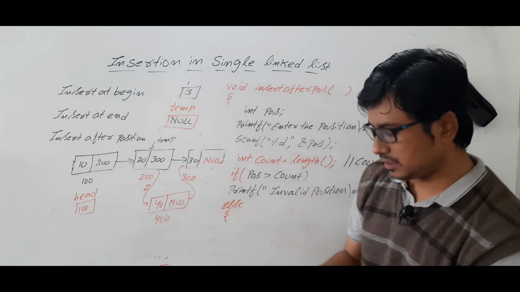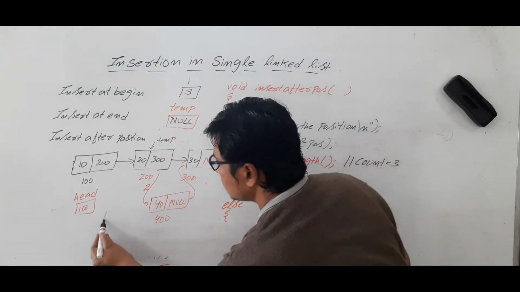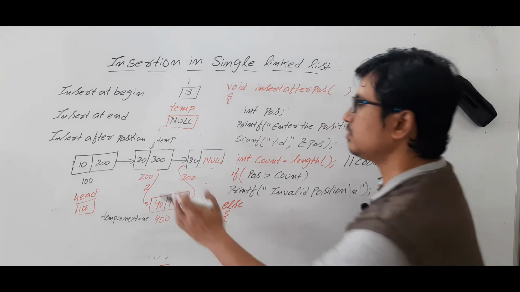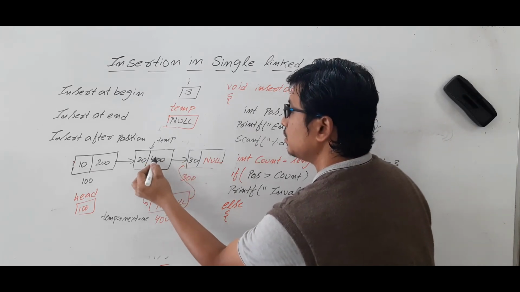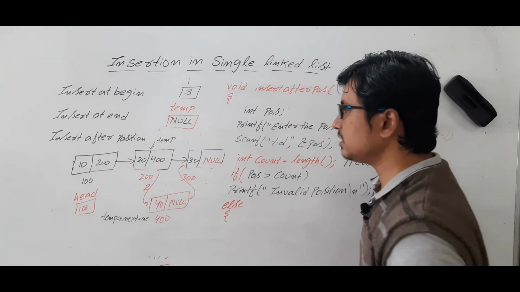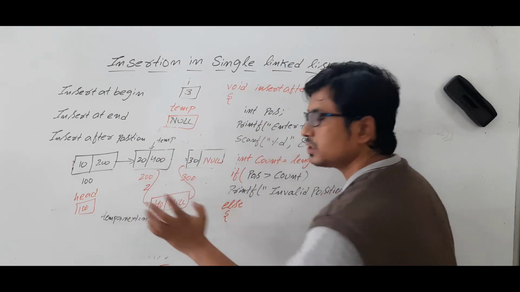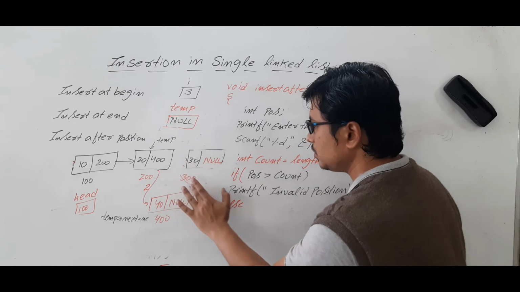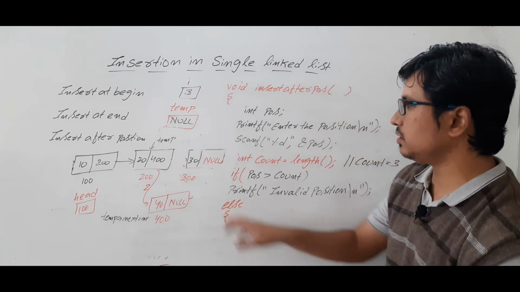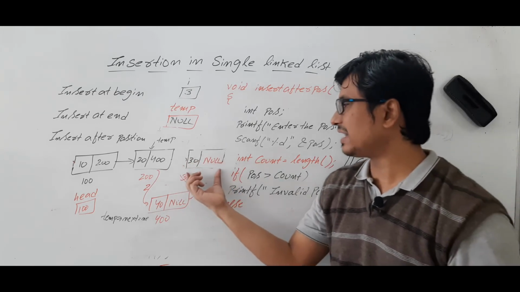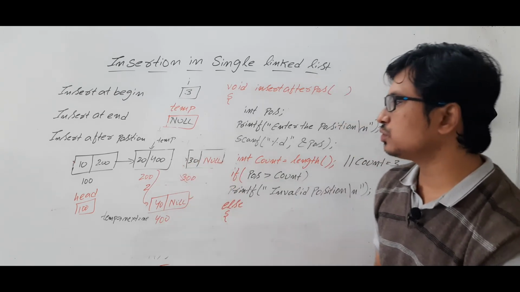If I simply write, look here, temp of next is equal to new node, then here 400 will come. Now the link between this node and this node has been broken. However, the link from this node has been created, but there is no link from this node to this node. Now this node became idle. It is not pointing to anyone. So we don't know the address of this node. So that's why you should not do like that.